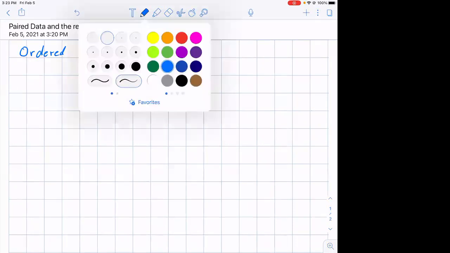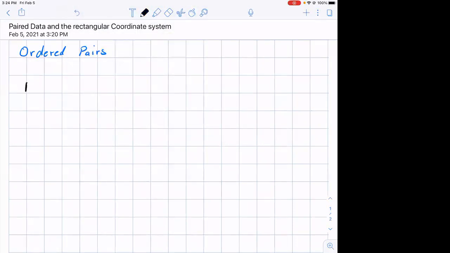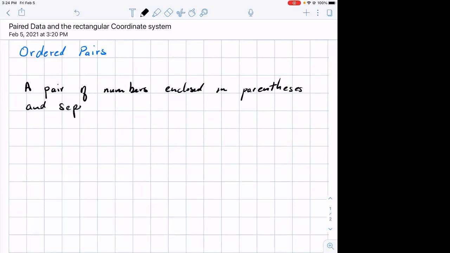What I'm really talking about is a pair of numbers enclosed in parentheses and separated by a comma, such as 5 comma 3.